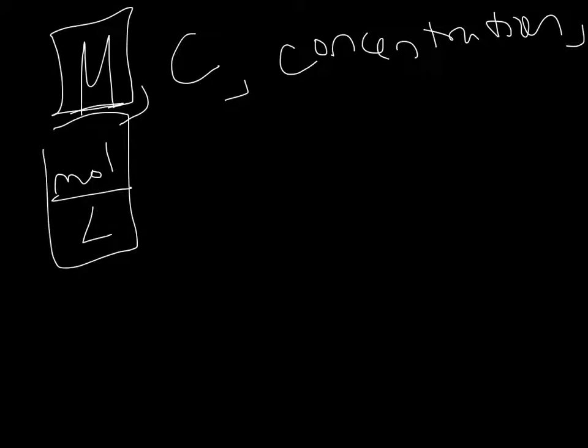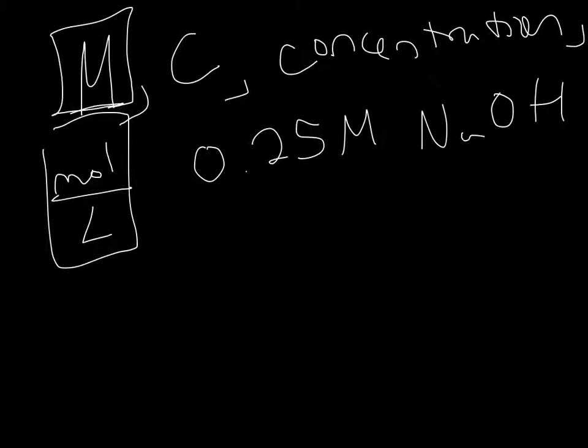So if I told you you had a solution of 0.25 M, or moles per liter, of NaOH, which is sodium hydroxide, and I told you you had 3 liters, well, how do you think you'd solve this? Pretty easy.